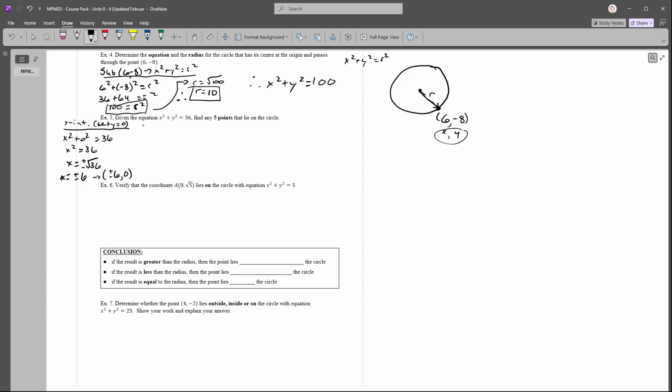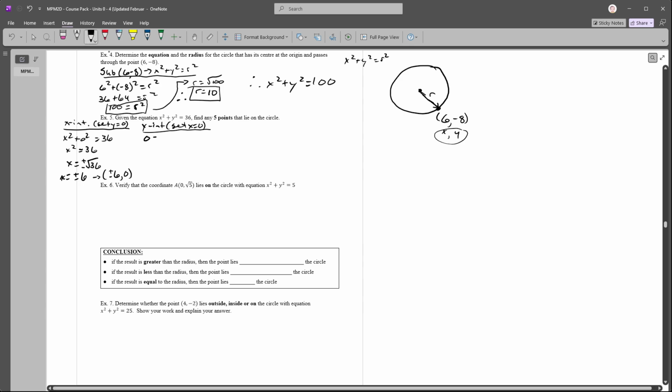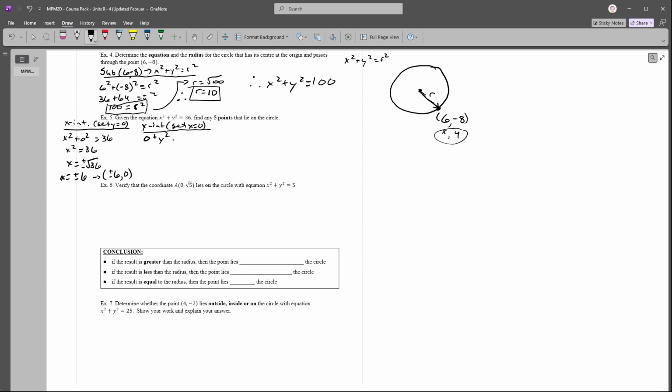We can do the same thing for our y-intercept. So for our y-intercept, we're going to set x equal to 0, and it's going to follow the exact same pattern. So 0 plus y squared is going to be equal to 36.